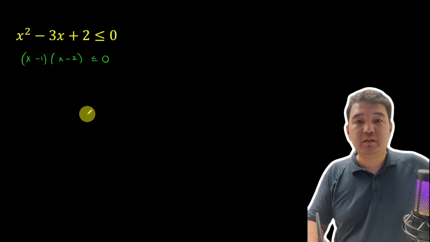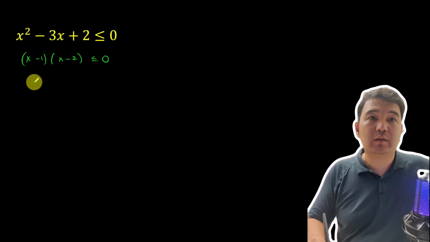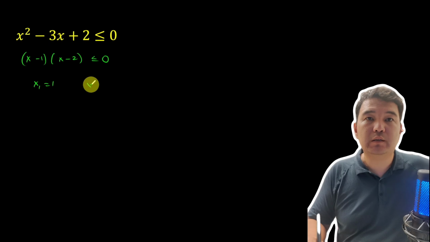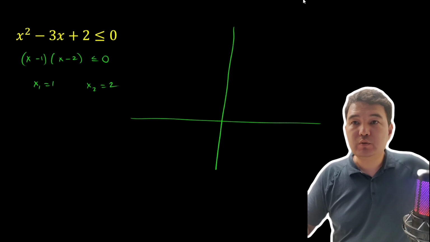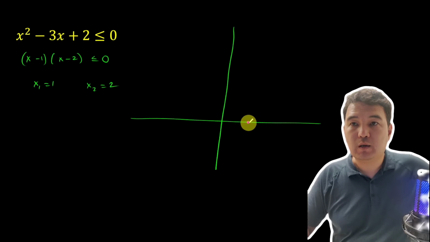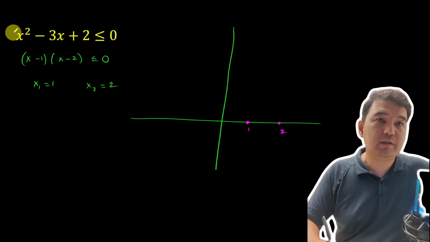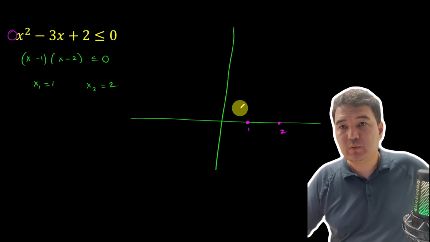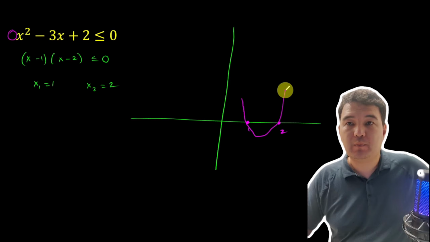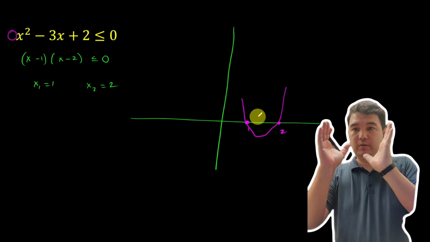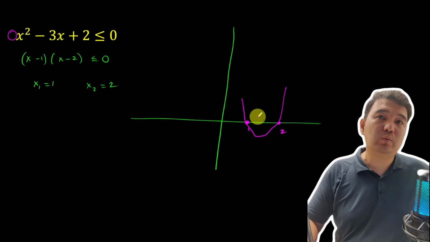The roots of this equation are x1 is 1, x2 is 2. If you draw the graph, it's not very accurate. The roots are here, 1 and 2. Since the leading coefficient is positive, the graph is going to be an upwards parabola, and we want it to be negative.